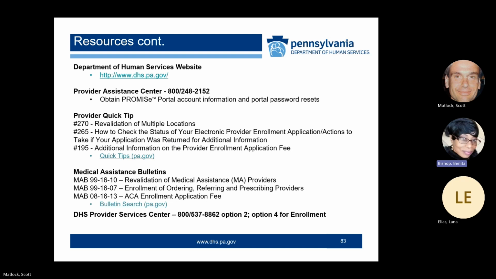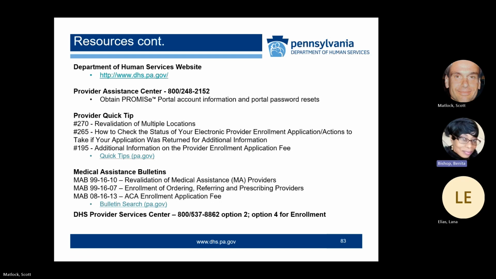We have number 270, revalidation of multiple locations, like the application I just showed you. 265, how to check the status of your electronic provider enrollment application. And 195, additional information on provider enrollment application fees. And yes, there are some applications or some providers that require a fee. All general providers do not require a fee.